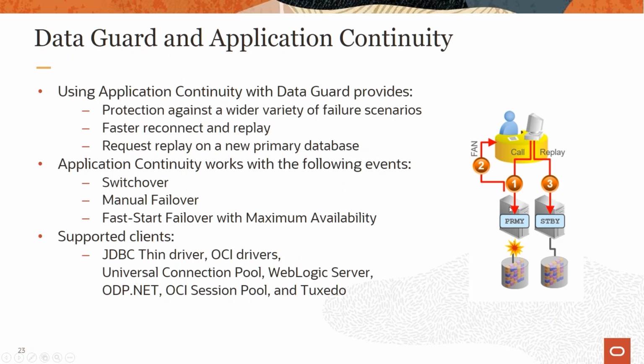Now, if Application Continuity is enabled, it automatically takes care of a session failover. But before that, let's say I have a database crash, and also we have the switchover and manual failover.